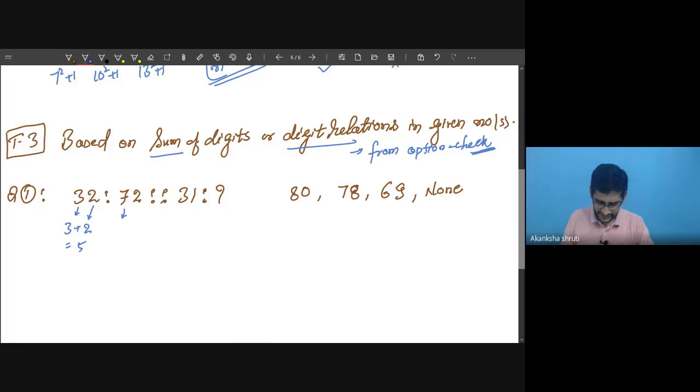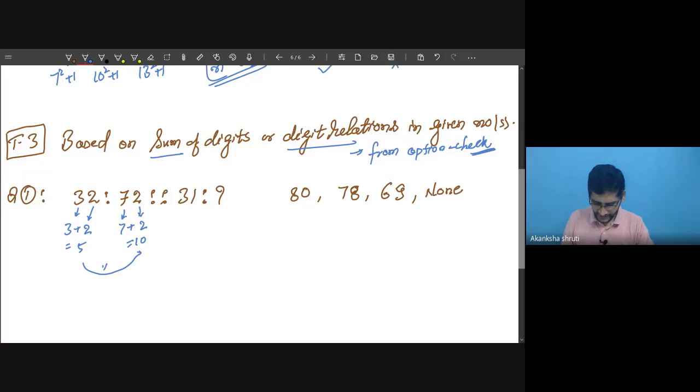But adding 7 plus 2, we are getting 10. Now we observe the sum of digits is following a certain relation. So this 10 is 2 times the 5. How have we obtained 5? As the sum of the digits of 32.